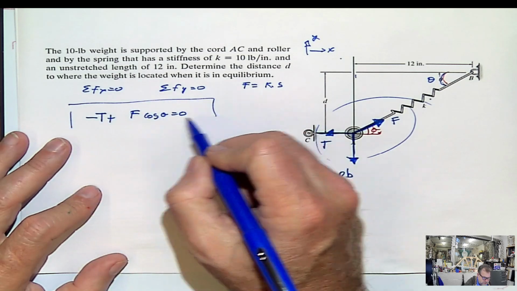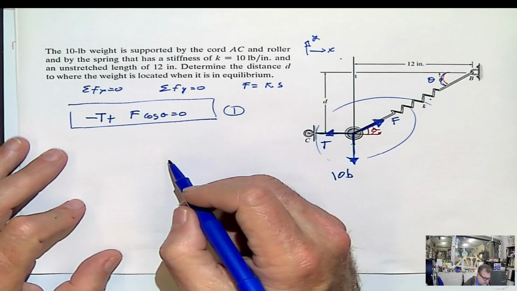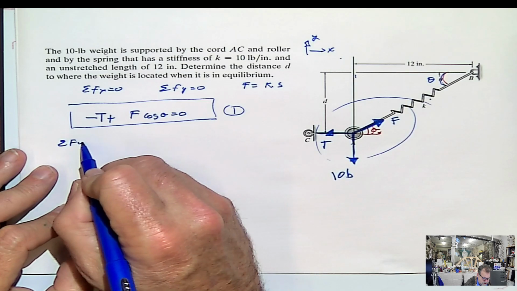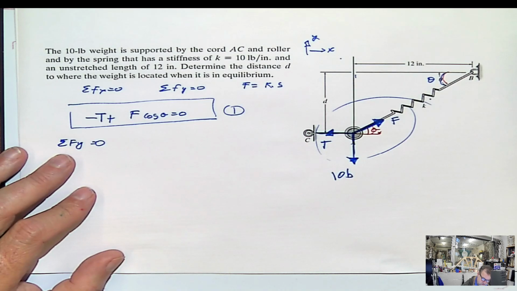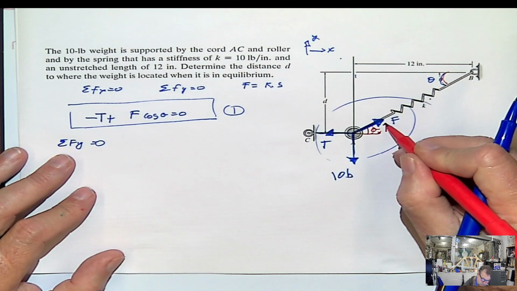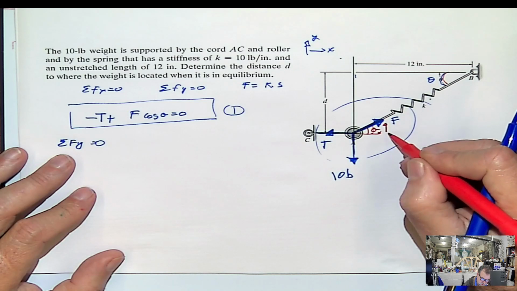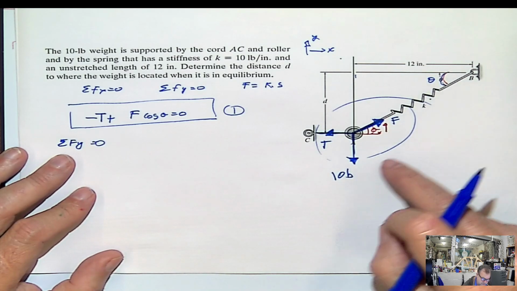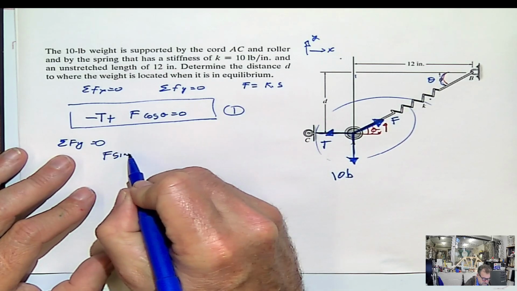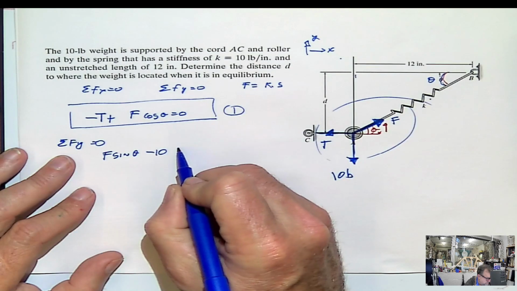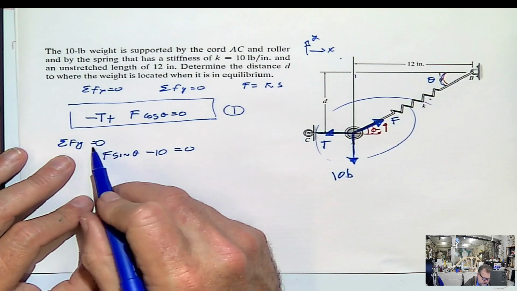And this is one equation. If I do summation of forces in y equals 0, then I have this component, F sine of theta up and 10 coming down. So F sine theta minus 10 equals 0. And I have a second equation here.